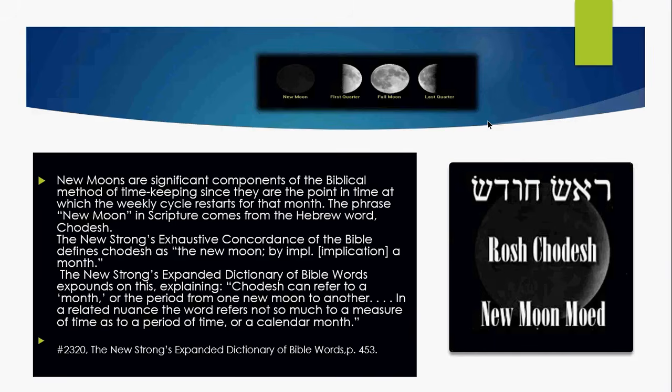The New Strong's Expanded Dictionary of the Bible words expounds on this, explaining, quote, Chodesh can refer to a month or a period from one month to another, or the period from one new moon to another. In a related nuance, the word also refers not so much to a measure of time as to a period of time or a calendar month.